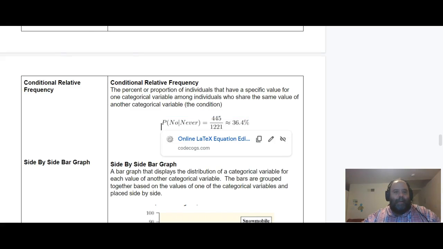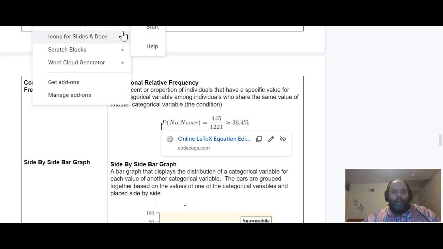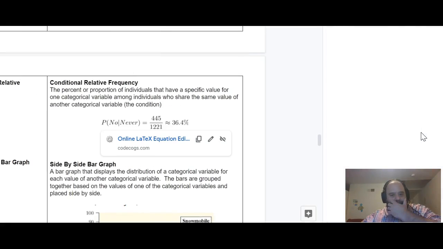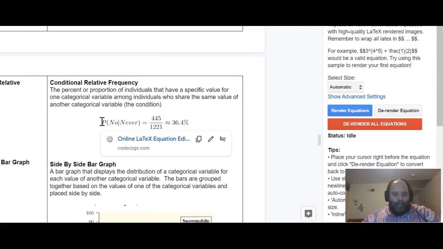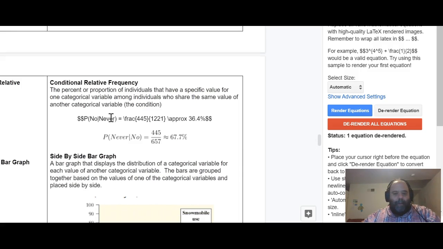Let's fix that. I'm going to make an adjustment here. You're going to see some math in action. All right, Beam's going to fix his notes. Now the notes that you're going to look at actually have this correct in them because I'm updating it in real time. So this should be 445 out of 657, which is 67.7%. Okay, so we'll re-render that and make that look right.